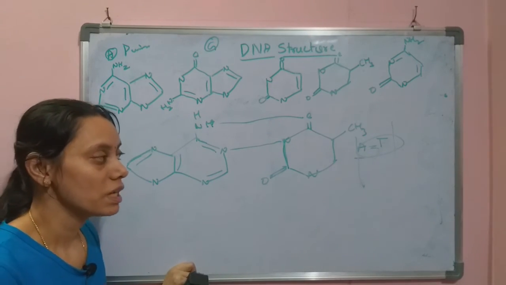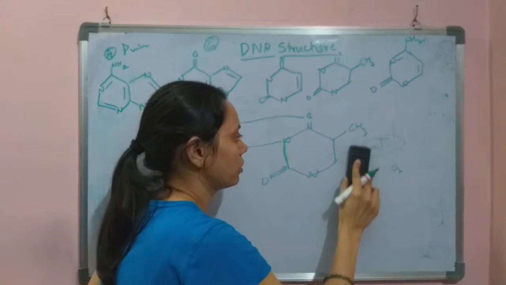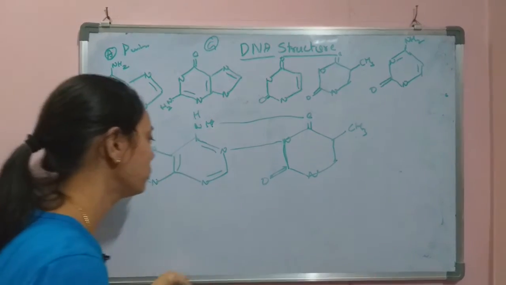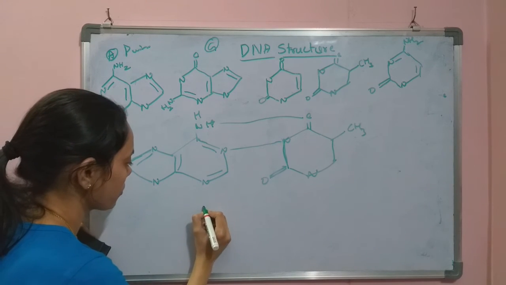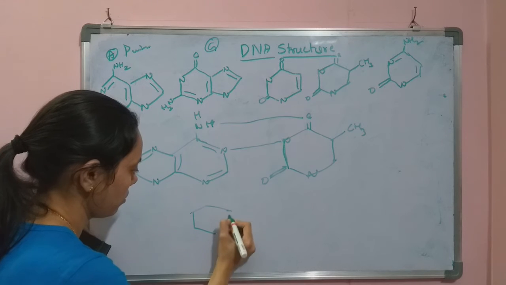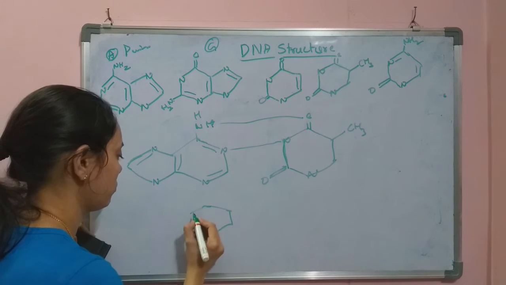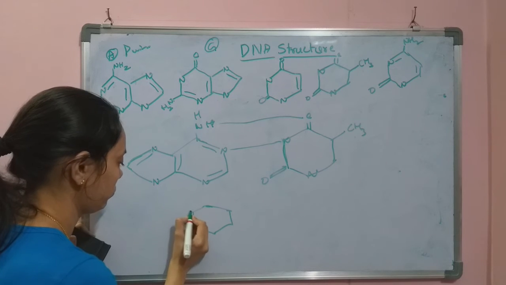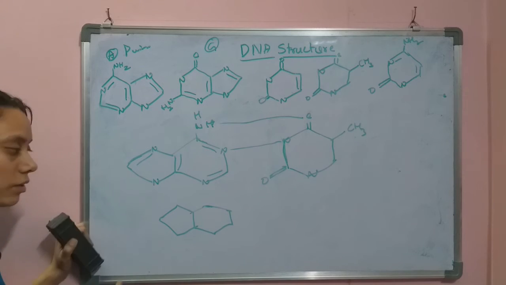So likewise how the G and C bond will be formed. So let us talk about the G and C bond here. So let us draw a structure of guanine. This is also in the opposite direction I'm drawing.